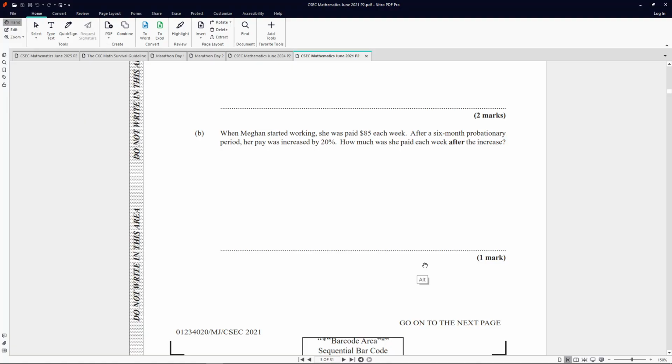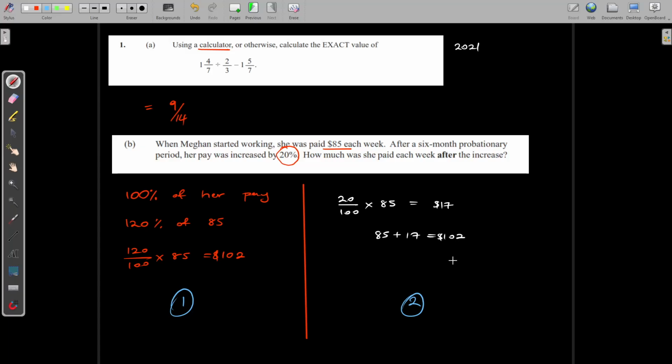Sir, I have a trick to make percentages easier. You take off the 0 and carry over the decimal point. So I just divide by 10. Then the same thing, take off the 0. But it doesn't work for everything. So let's say you wanted to find 35% of 92. There's no 10 there.